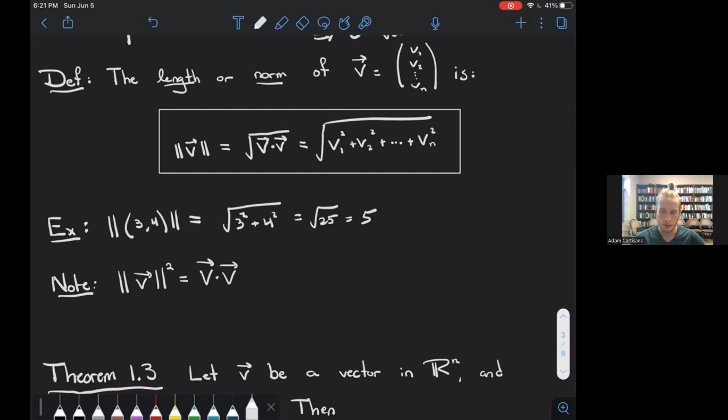Now, this is more of a side comment, which is that if you square the norm of a vector, that is precisely the same as taking the dot product of the vector with itself. That comes in handy when trying to prove things about dot products or norms or things that involve dot products and norms.